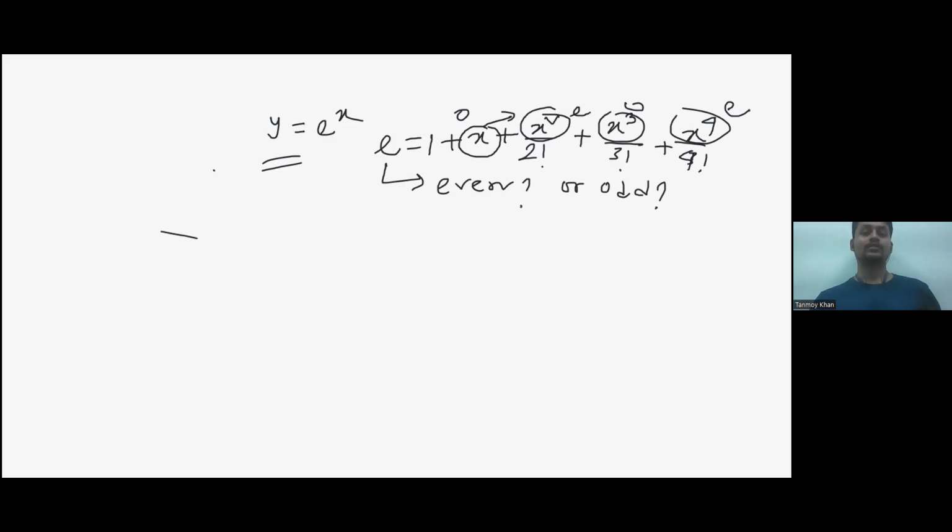Now let's concentrate on how the plot of y is equal to e to the power x will look. It is an exponential function.